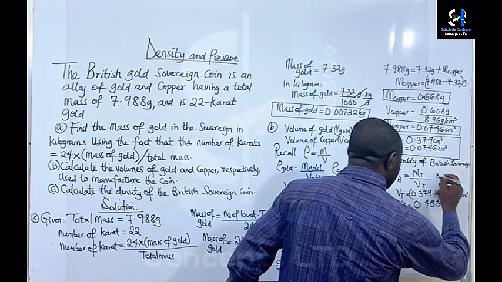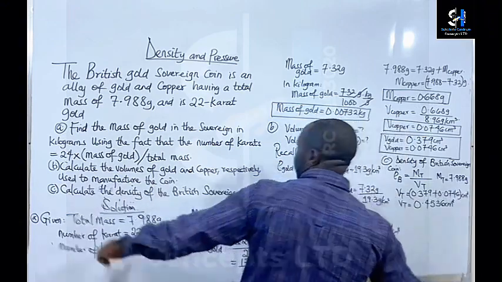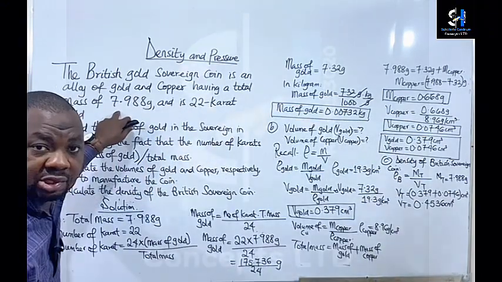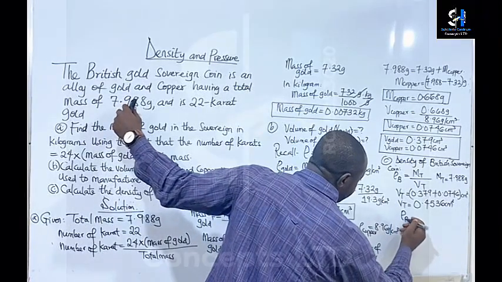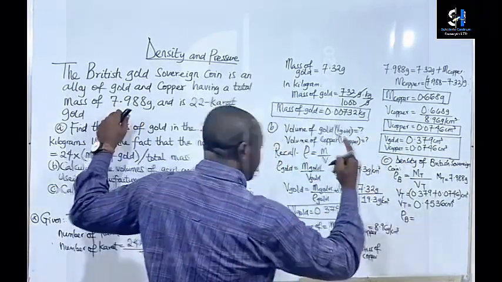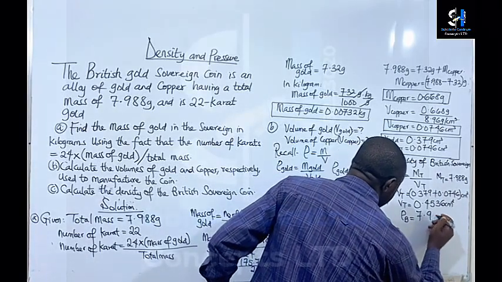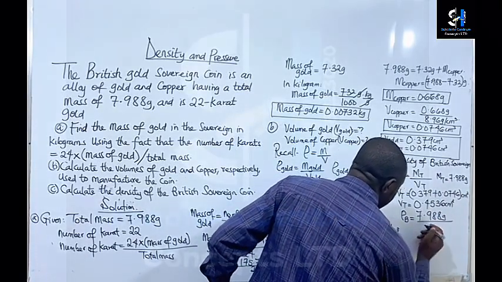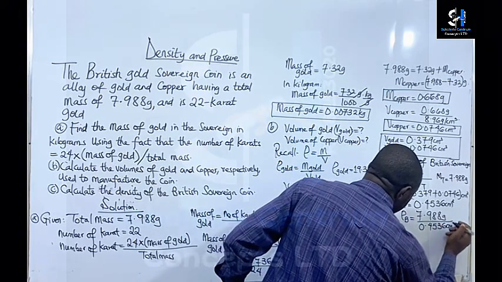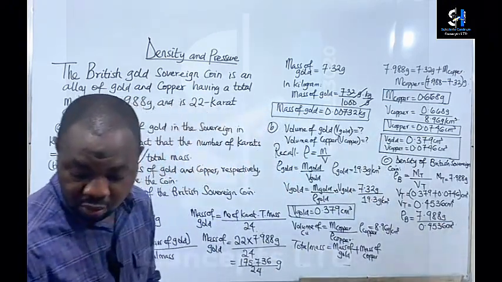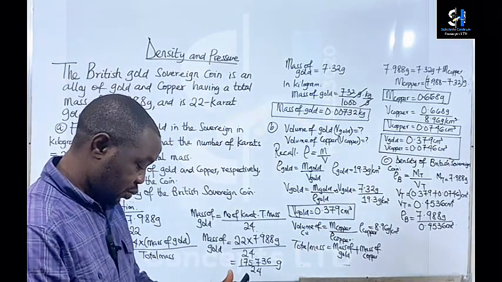Now let's not forget that the total mass is 7.988 grams. So density of the British sovereign coin will now be 7.988 grams divided by 0.4536 cubic centimeters. Okay, we're there.